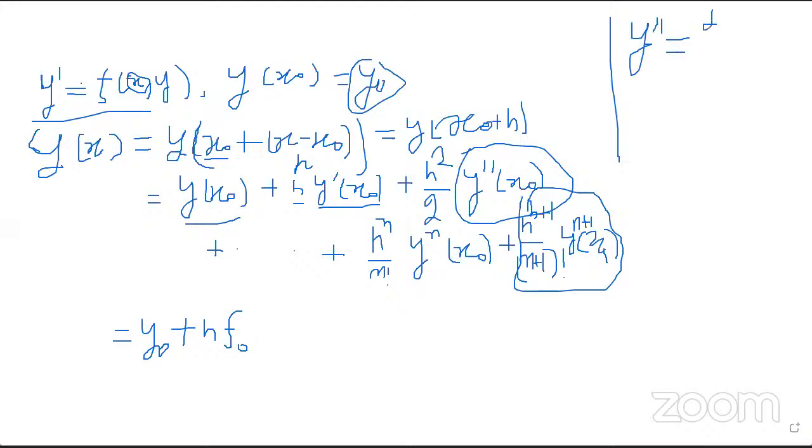So d by dx of y prime, and y prime is nothing but f. Am I right? And f is a function of two variables x and y. So we can find its value because f is known. So we can find its value by the chain rule.